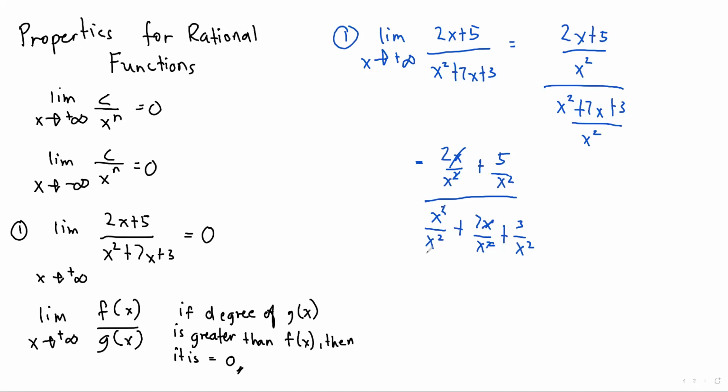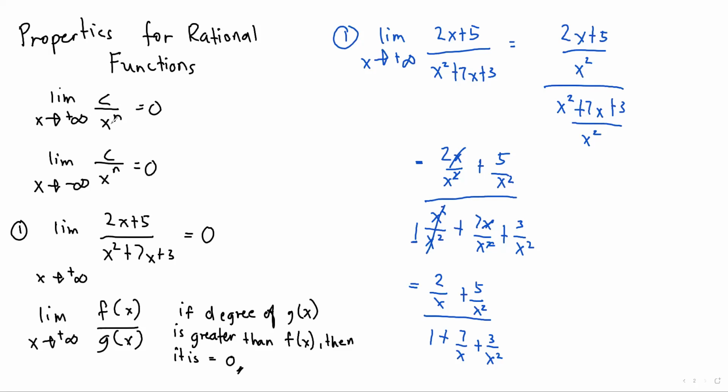Ito, magiging 1 na lang. Diba? So, ang natirang equation natin, magiging 2 over x plus 5 over x squared, all over 1 plus 7 over x plus 3 over x squared.